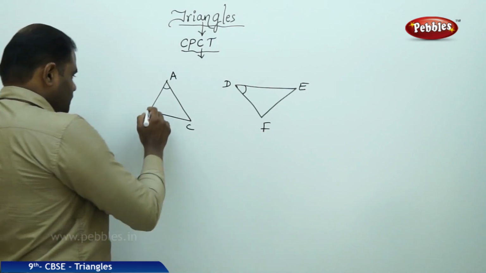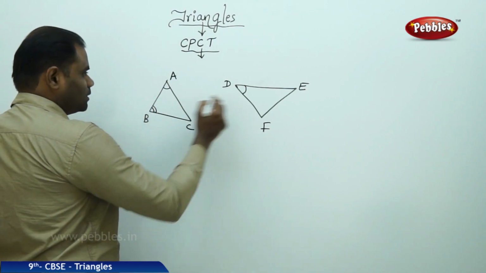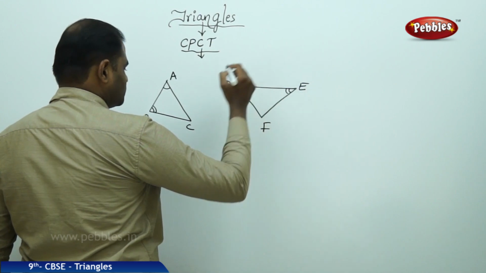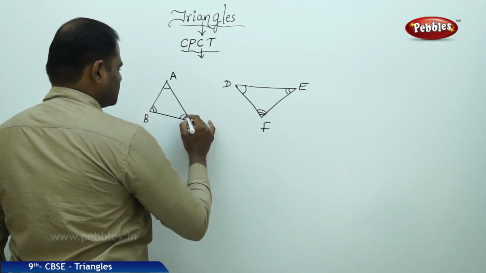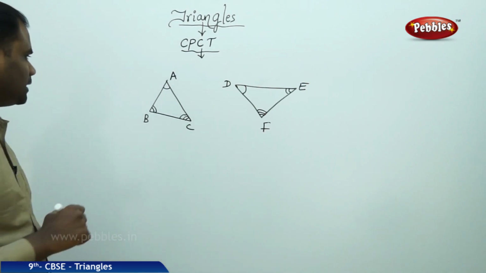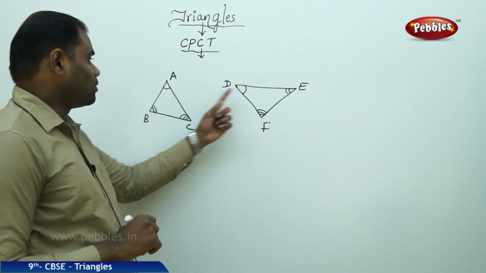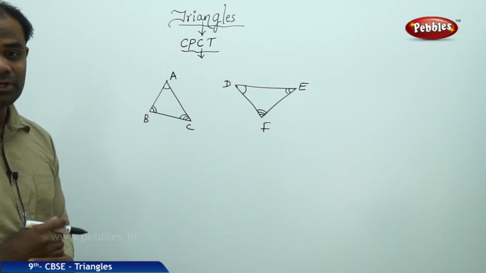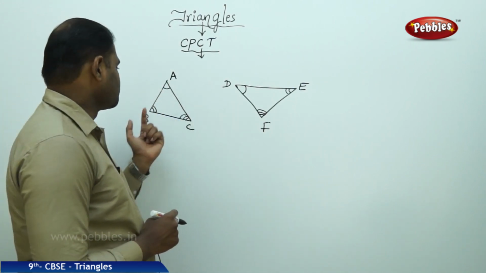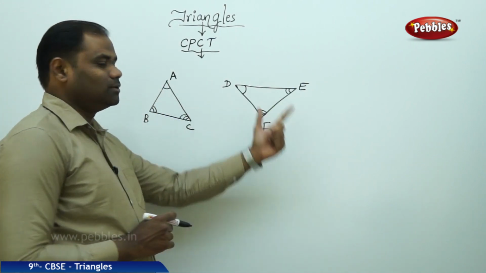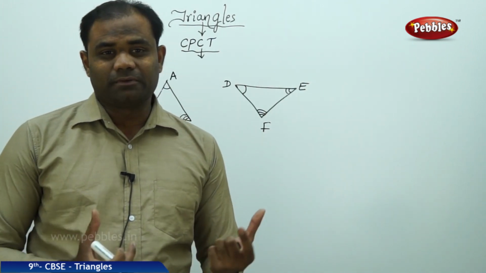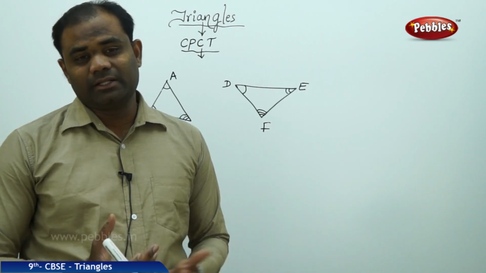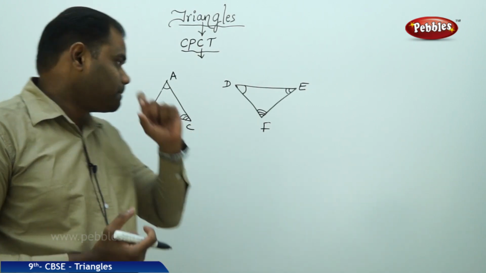Then let my angle B equal angle E and my angle C equal angle F. Then clearly the corresponding angles are equal. I do not say that A equals D, B equals F and C equals E, but there is a fixed correspondence between the angles of the first triangle and the angles of the second triangle.